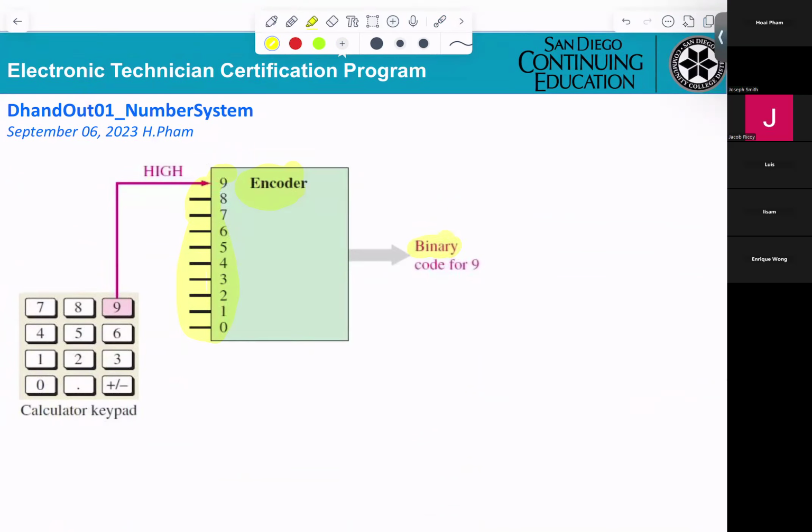You know that on your keyboard, right? You type number 9. The computer cannot understand number 9. So the encoder tries to convert number 9 to binary, so the computer understands it's the number 9. On your phone, on your calculator, everything, they need an encoder.